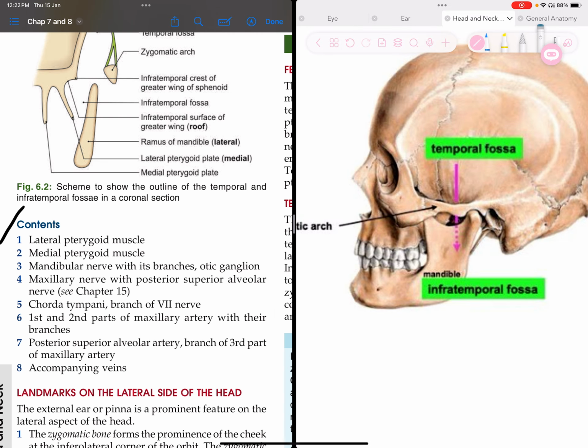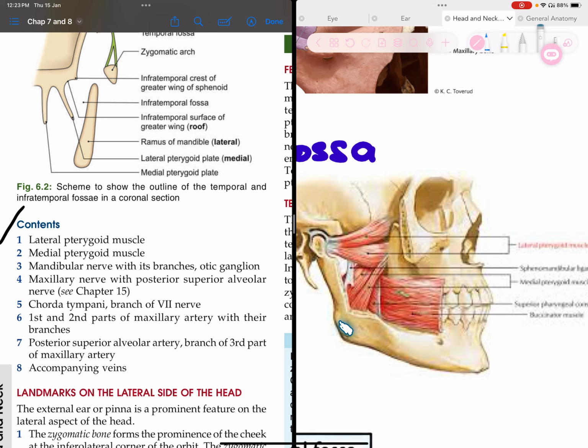The diagram is so bad. Anyway, this is the lateral pterygoid. This one right here is the medial pterygoid. This is the lateral pterygoid. So the medial pterygoid originates from the tuberosity of maxilla and lateral pterygoid plate, and it will insert at the angle of the mandible.